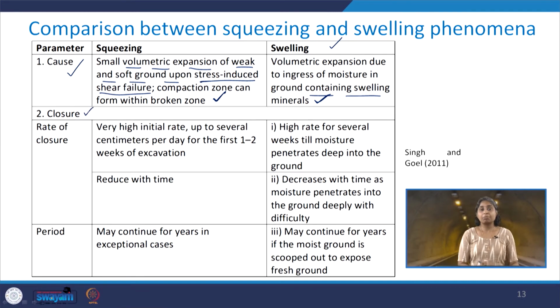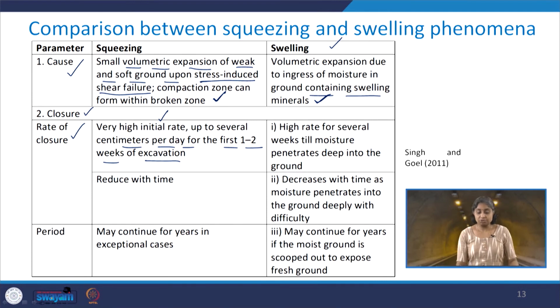Second parameter is the closure. When we talk about the closure, it is the rate of closure and period. So, first we take up what the rate of closure is. In case of the squeezing ground condition, it has a very high initial rate, up to several centimeters per day for the first 1 to 2 weeks of the excavation.